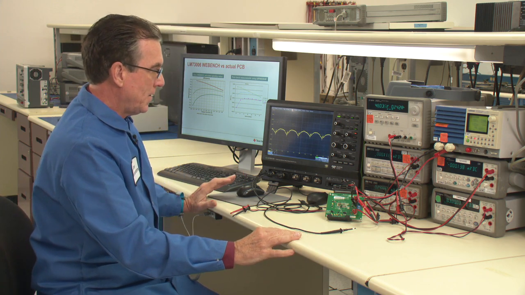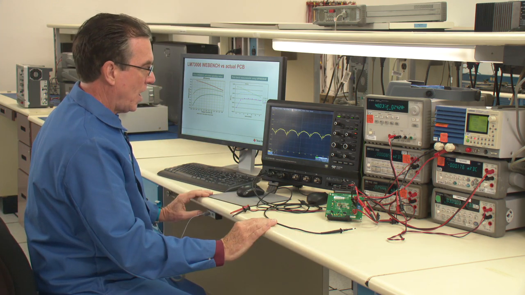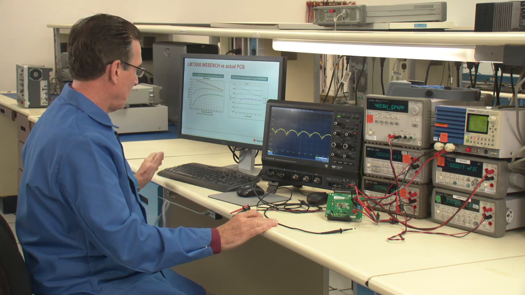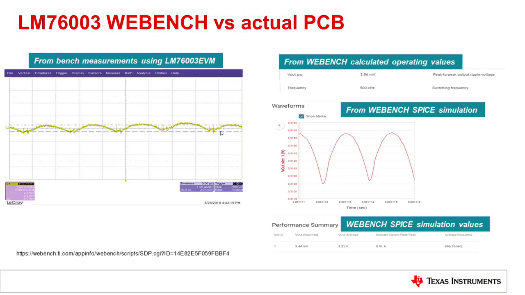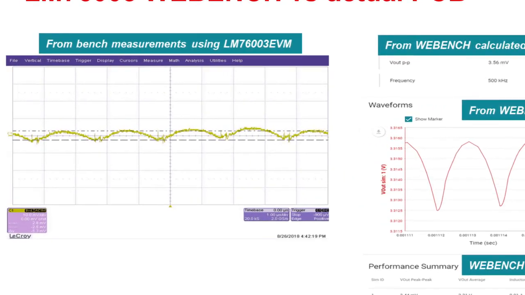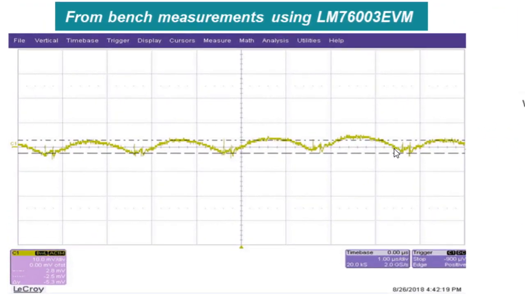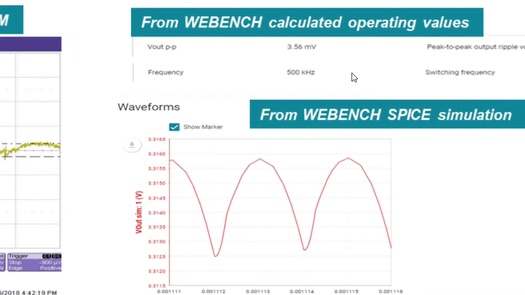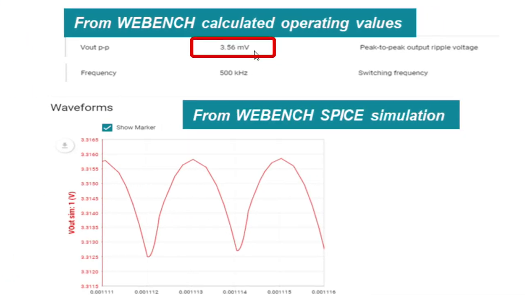But what I did, again, just to save us time, is I captured a waveform. And as you'll see on the graph, I have it up on the screen, the LeCroy scope shot on the left, which showed about 5.5 to 6 millivolt peak to peak. On the top right, you can see that we have calculated 3.56 millivolts peak to peak.